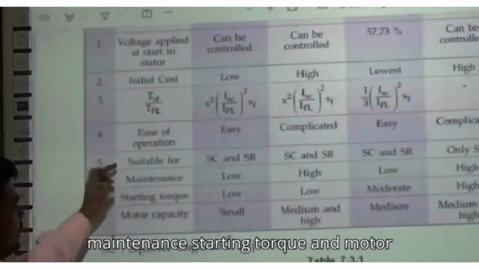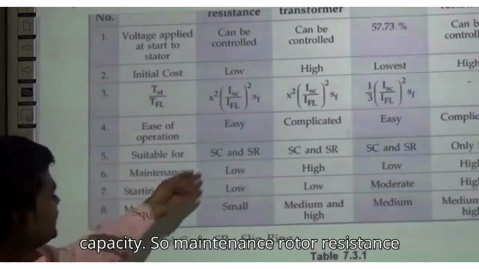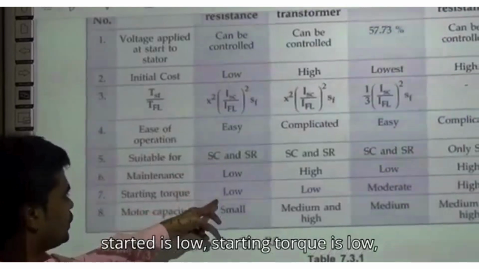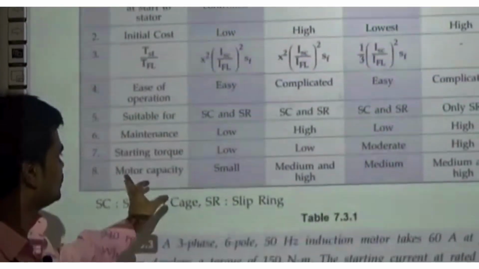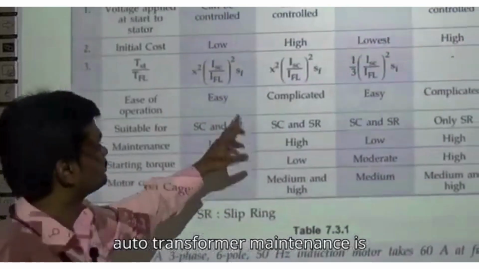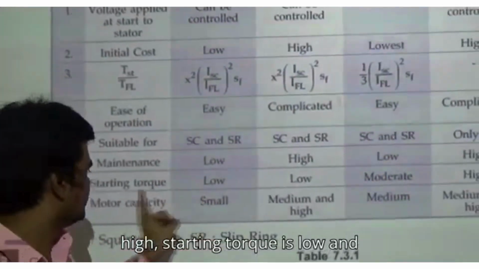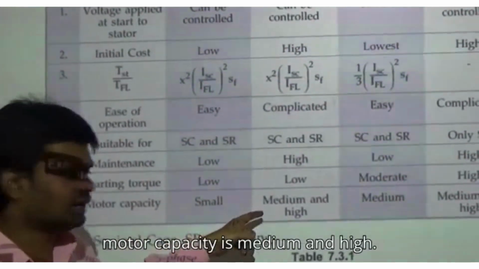And if you go for maintenance, starting torque and motor capacity: for the stator resistance starter, maintenance is low, starting torque is low, motor capacity is small. If you go for auto transformer, maintenance is high, starting torque is low, and motor capacity is medium and high.